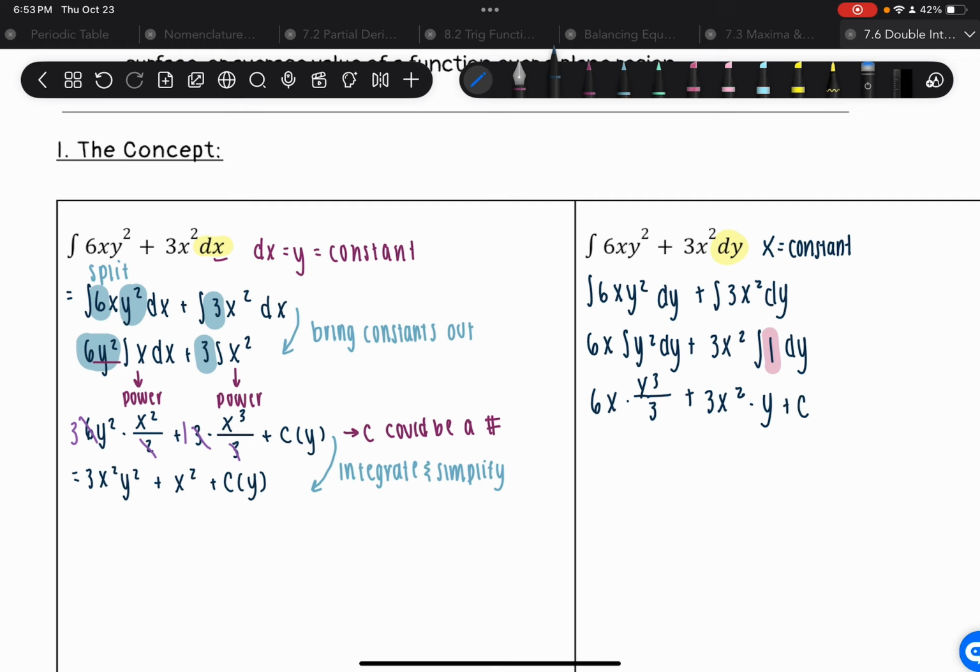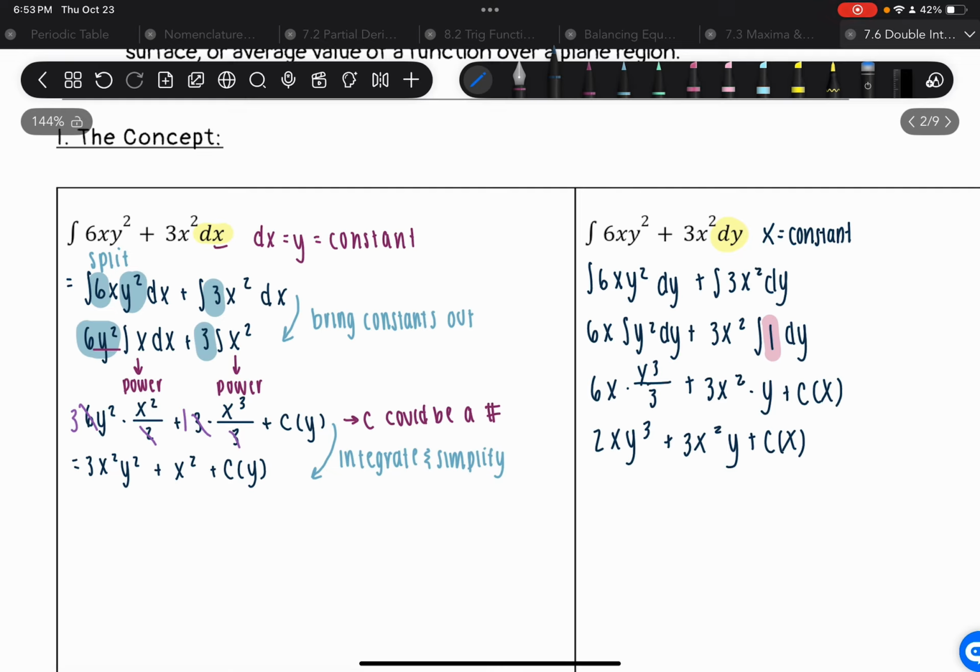And then plus c of x. And then from there we simplify it to 2xy to the third plus 3x squared y plus c of x. So that's a little concept, a little integration review.